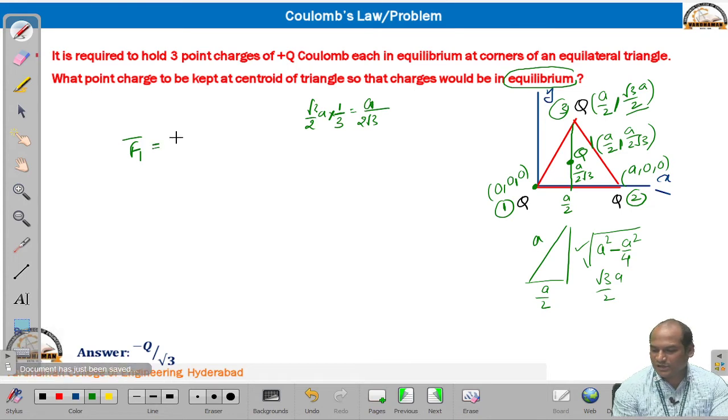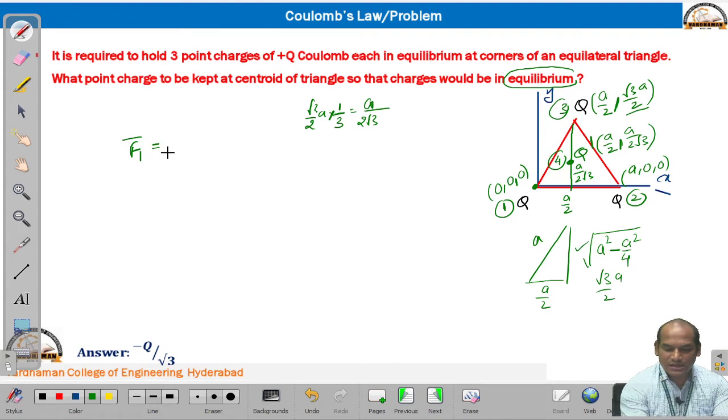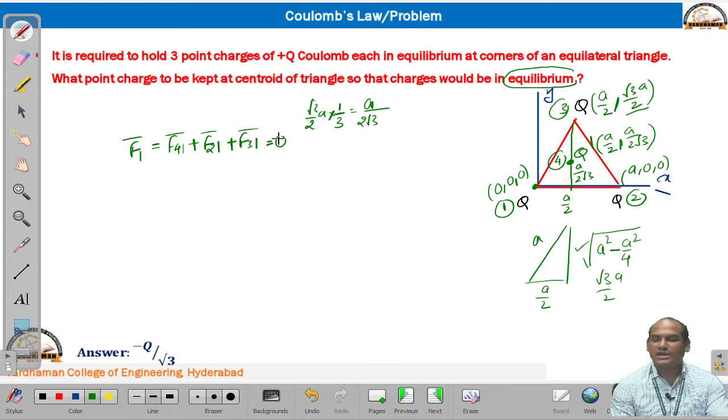F1 bar is equal to, I can take this q dash is the fourth charge, I have to calculate F41 bar plus F21 bar plus F31 bar, it must be equal to 0. If it is 0, then only I can tell the charge available at origin is in equilibrium.